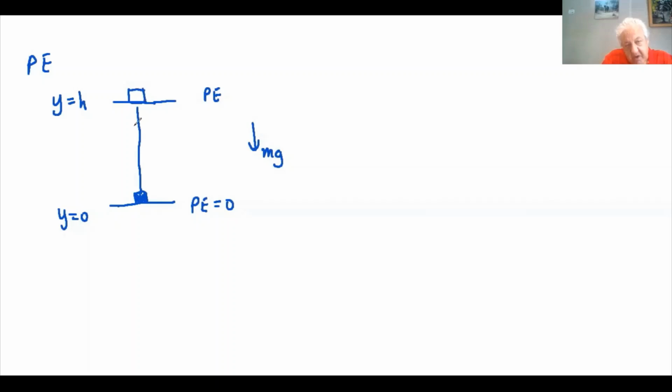So all of that work done can be thought of as stored energy. Or you can think of this as the capacity or potential to do work. For example, supposing we have water in a well. So there's a bucket.